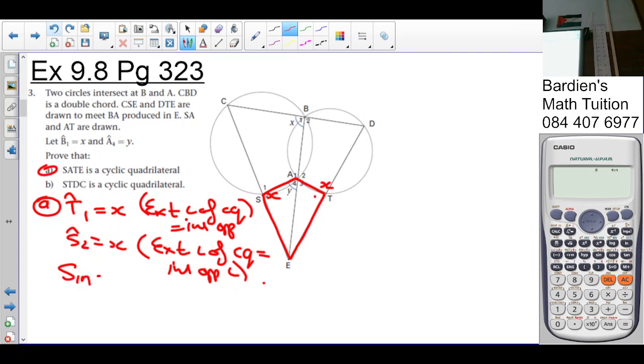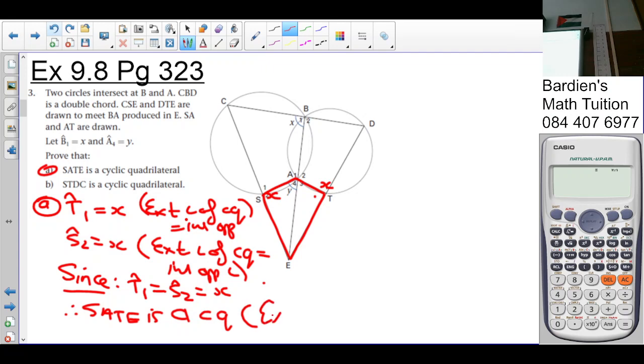Since T1 is equal to S2, which is equal to X, therefore SATE is a cyclic quad. Why? The exterior angle equals interior opposite. Okay. So there we go. Cyclic quad. Next.